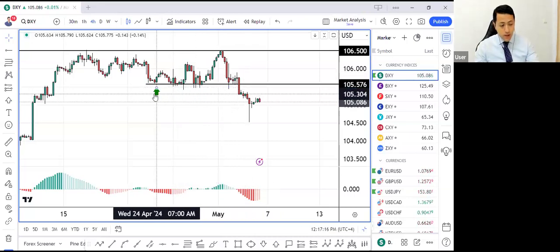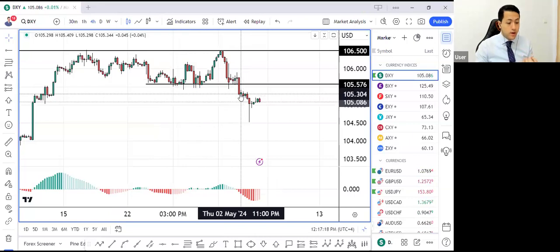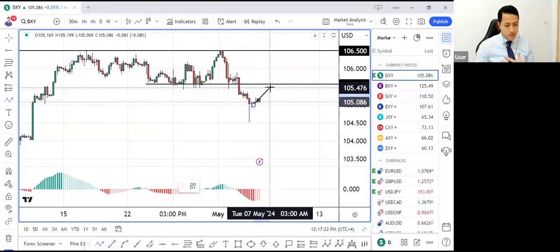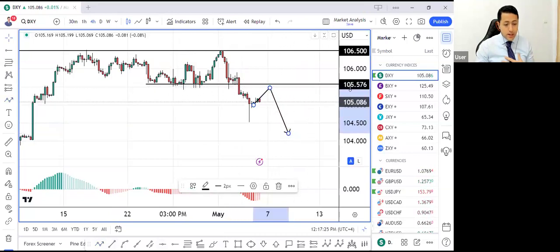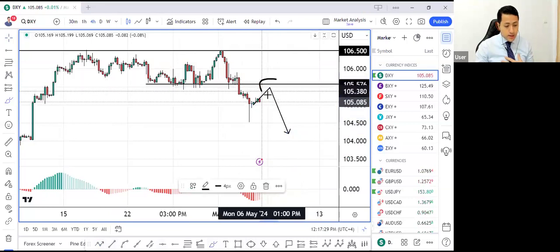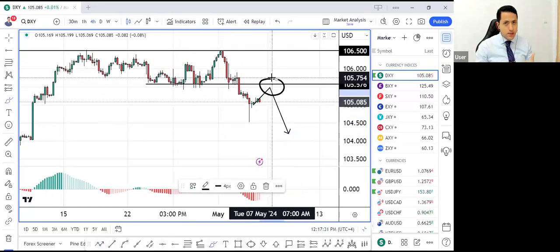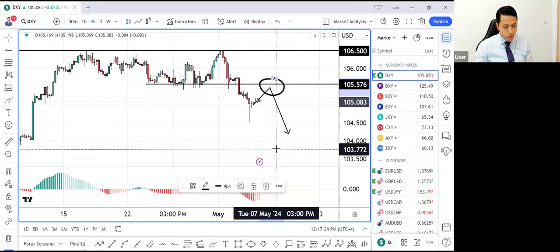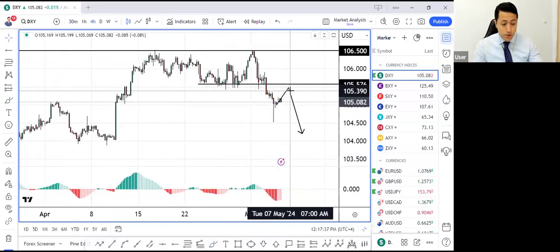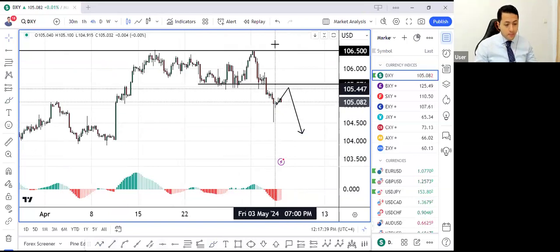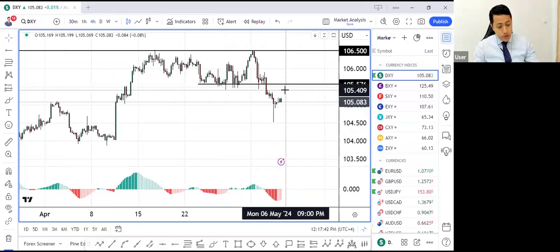We broke below, and we broke below with volume. So I would personally really love to see an upward move to test the levels of 105.60. This level will be the high on the weekly candle, and then we will continue to move lower. This is what I personally believe will happen on the dollar index this week.